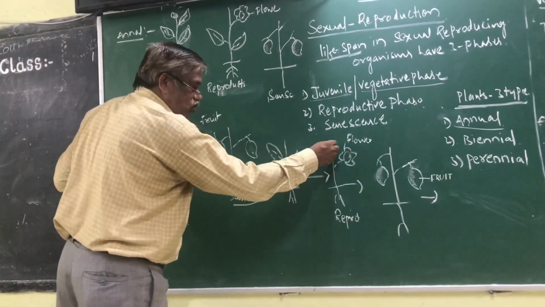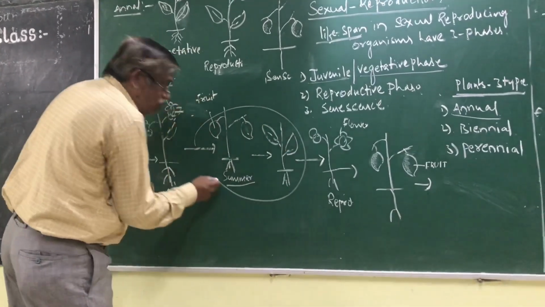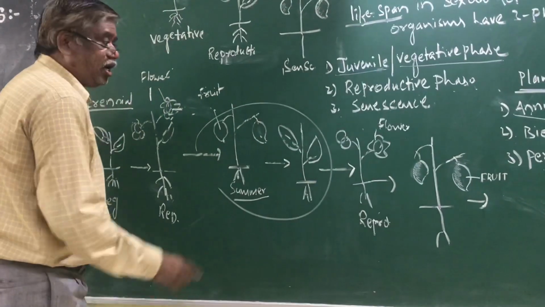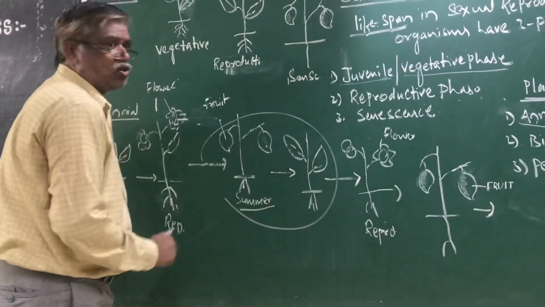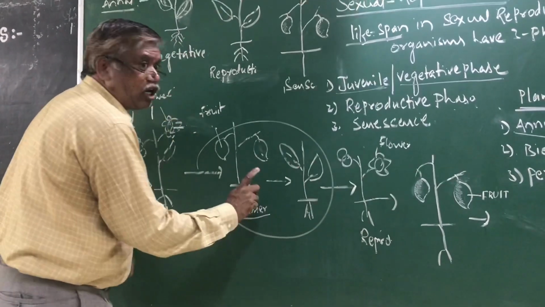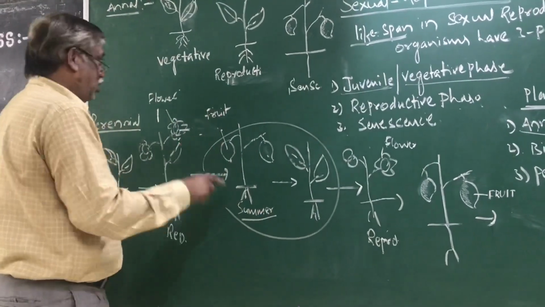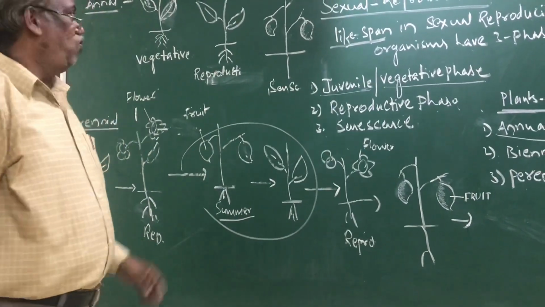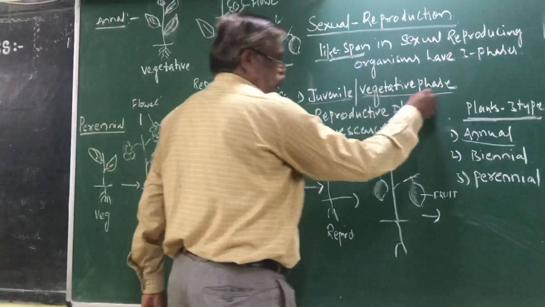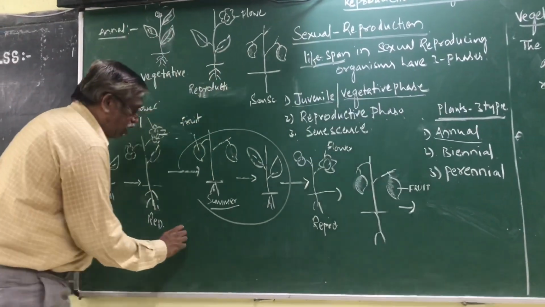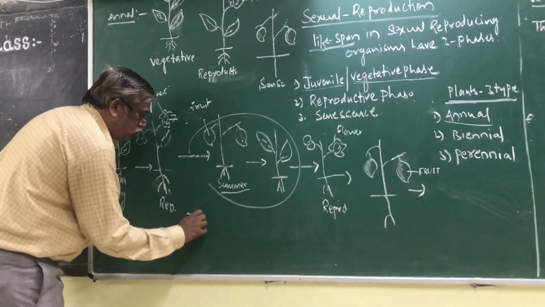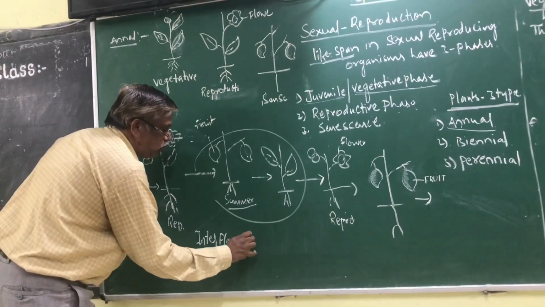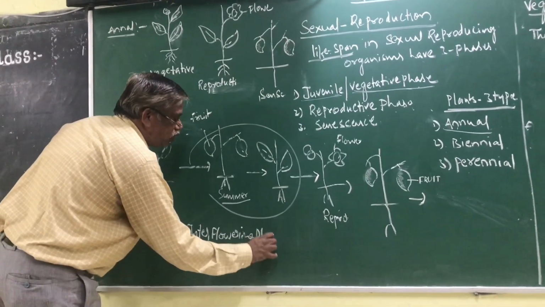Between these, keep in mind, it is the flowering, it is the flowering. It is the interflowering phase. Flower, flower, and the interflowering phase in a perennial plant is also called the vegetative phase. Vegetative phase. Interflowering phase.